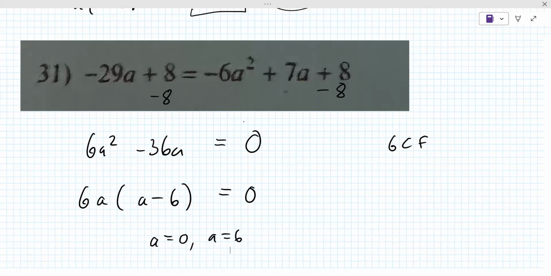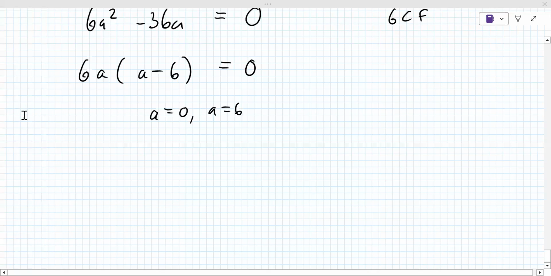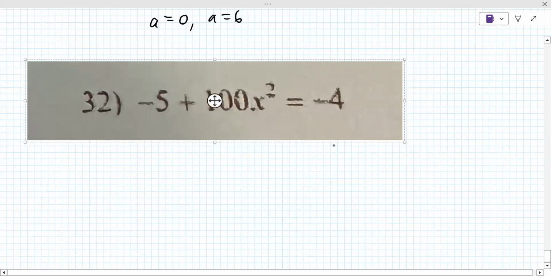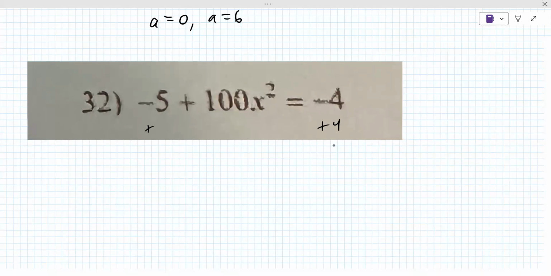All right, 32, kind of same scenario, probably good to move everything to one side. So if we add 4 to both sides, I'm going to rearrange this: 100x squared minus 1 equals 0.